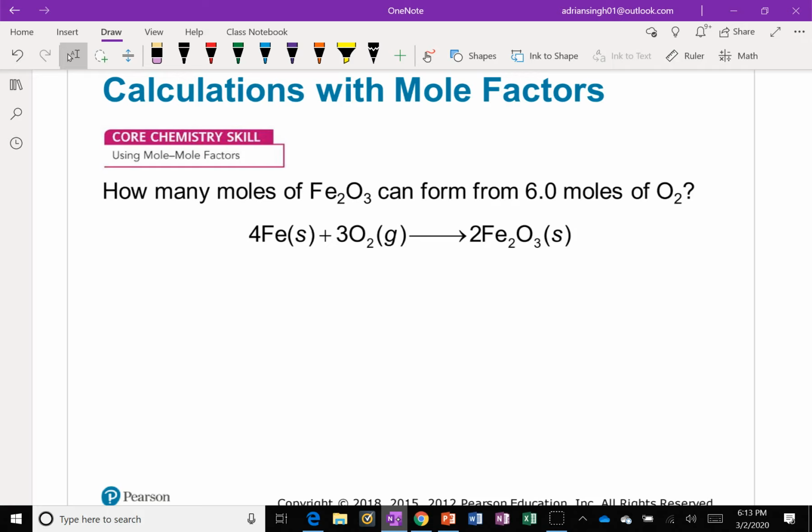Let's start this slowly before we start running and jumping. So what are we given? What do we need to get to? The same 2 questions we've always asked ourselves. And the third question, what are we going to use to get there? You're given 6.0 moles of O2.